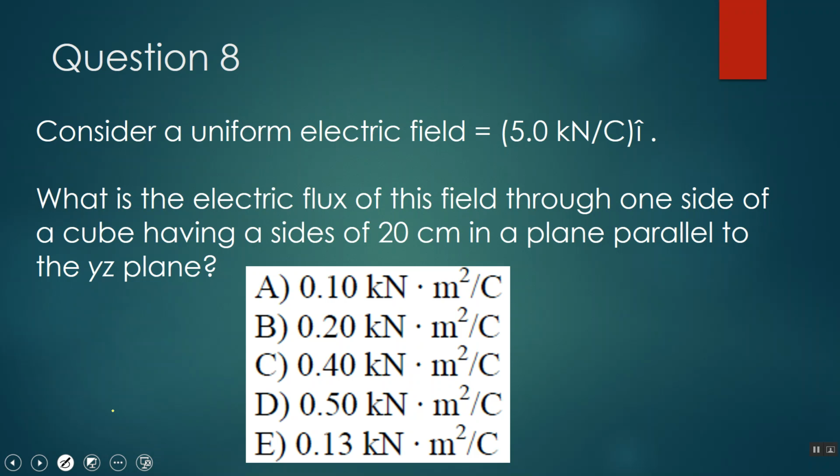What is the electric flux of this field through one side of a cube having a side of more? Oh, this is a good question. I like this one. Well, it's telling you the electric field direction and the area.